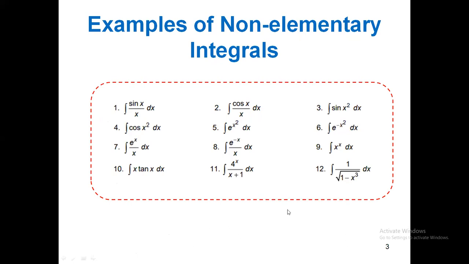And these are integrals which cannot be evaluated using the techniques that we covered last term, that's midterm. They cannot be processed using the techniques and the formulas that were shared with you in the previous term.